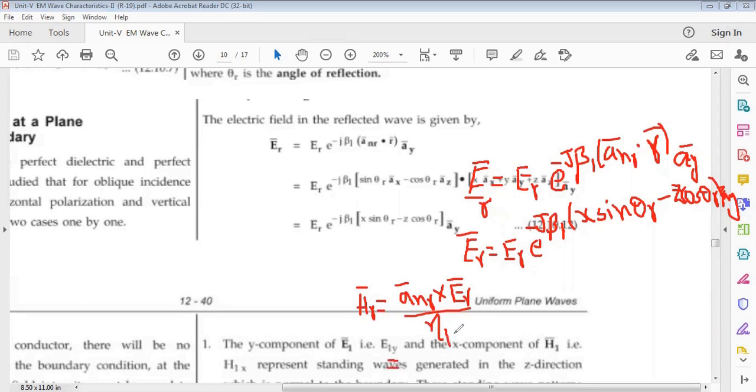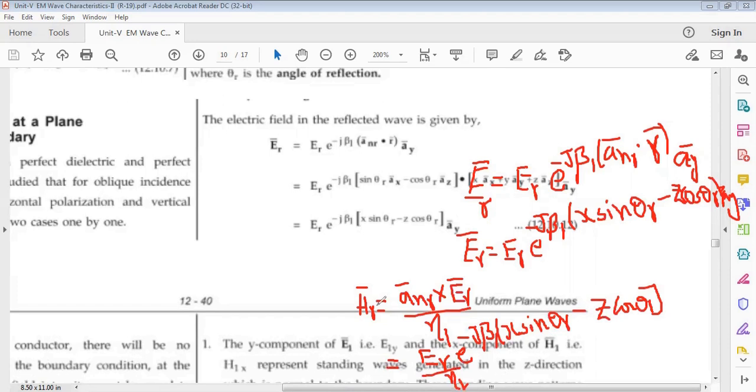Okay. Now, in this ER bar, the ER is a constant and e power minus j beta 1 (x sin theta minus z cos theta) AY bar is there, and eta 1 also.